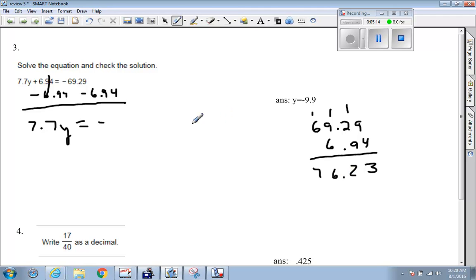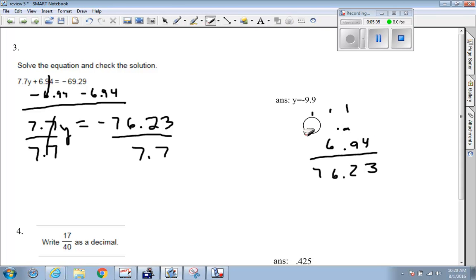Okay, so that'll bring me to negative 76.23. And then right at the end, I want to isolate y, so I'm going to have to divide by 7.7. Again, I know it's tempting to use a calculator, but don't do it. Make sure you're comfortable doing these operations by hand.